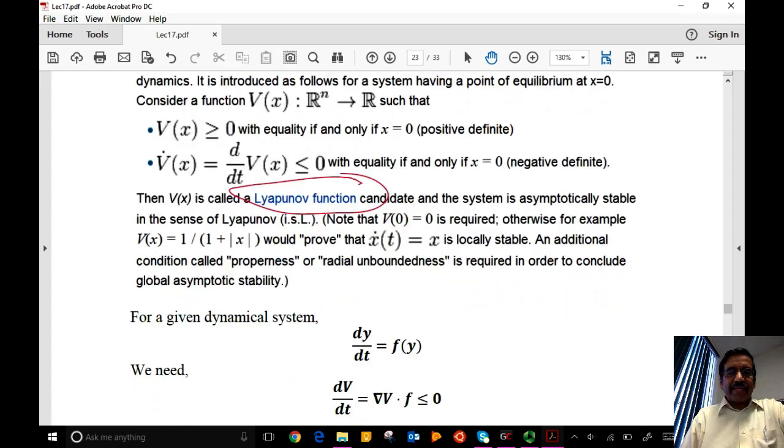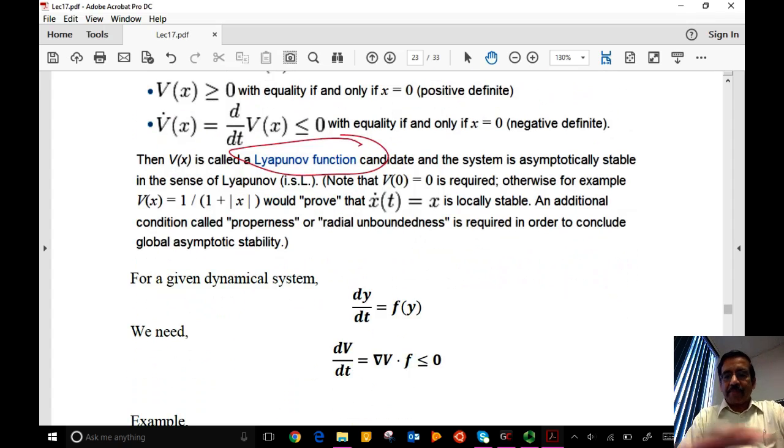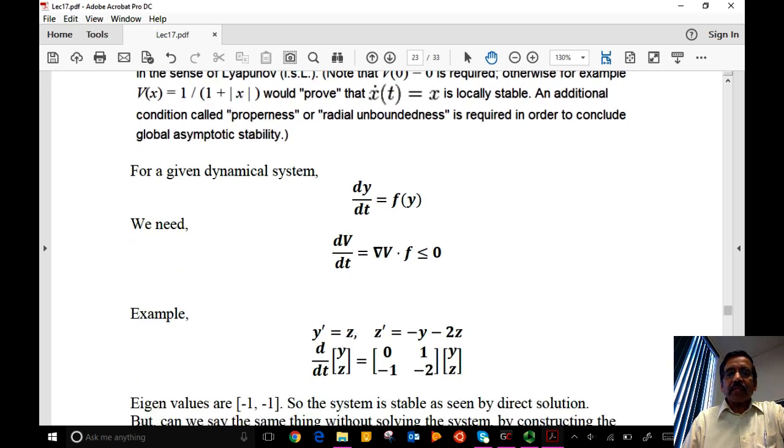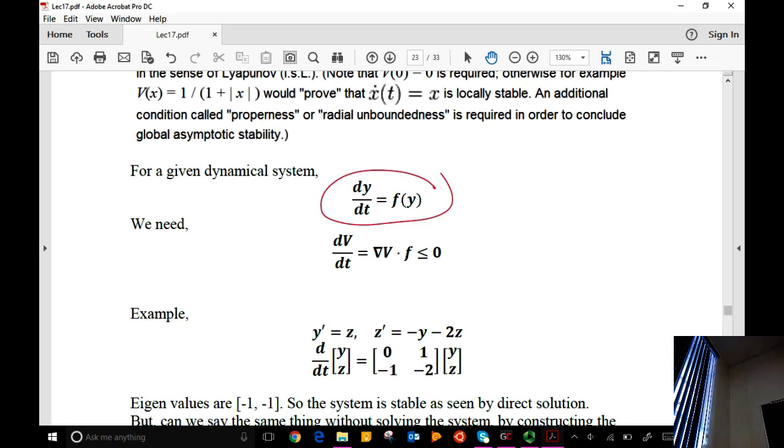But there are some nice examples that I took from a book on the net. So given the function dy/dt equals f of y, that is the model, we want the derivative dV/dt to be negative definite, right? So the condition is that we have to apply the chain rule, because V is a function of x, and x is a function of t.